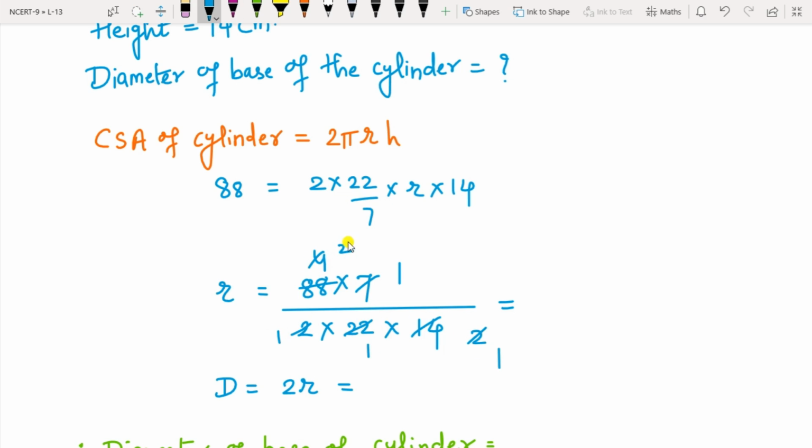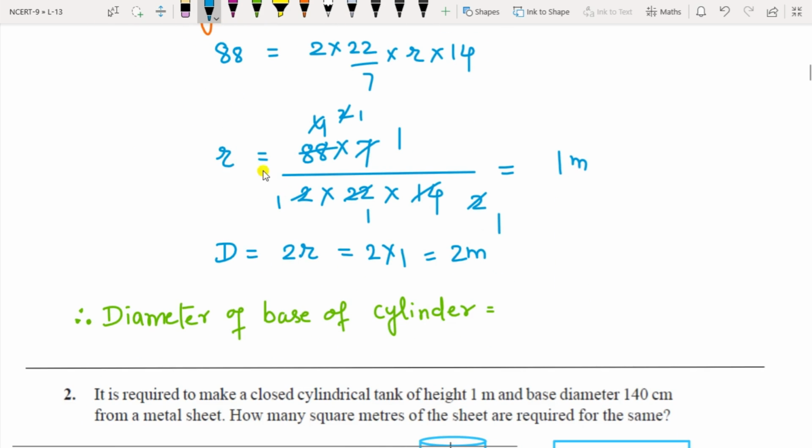So it becomes 1. So the radius is 1 meter, and the diameter will be 2 into 1, that is 2 meter. Therefore the diameter of the base of the cylinder is 2 meter. That is the required answer.